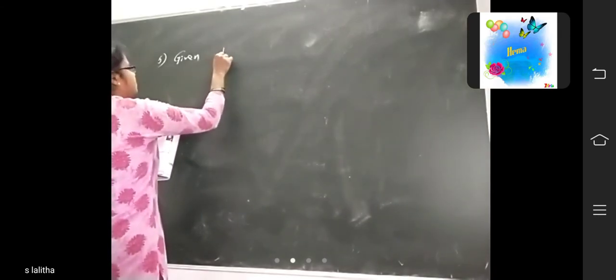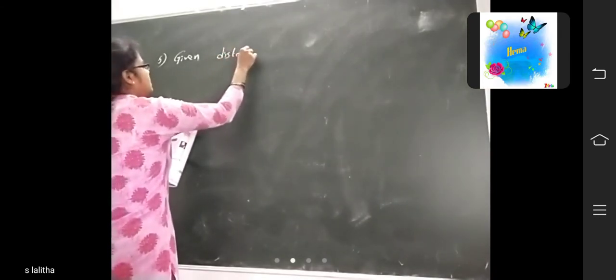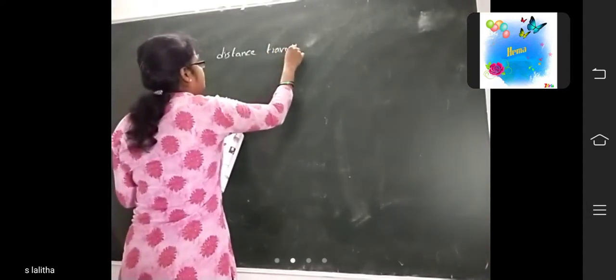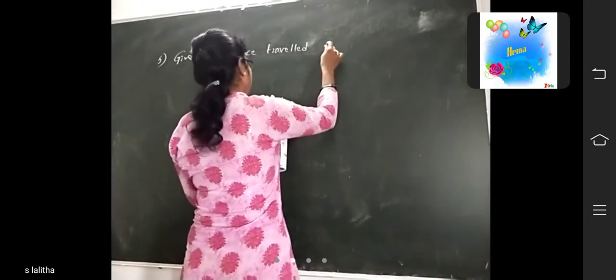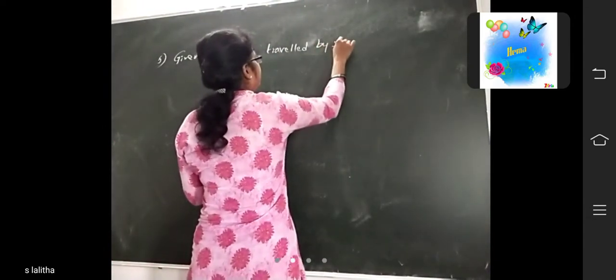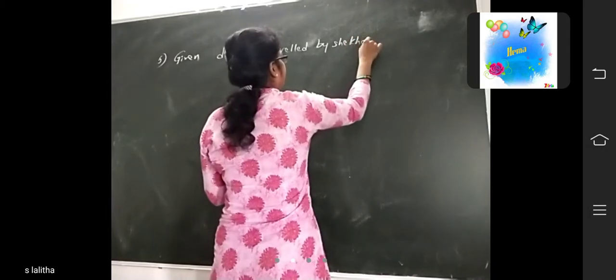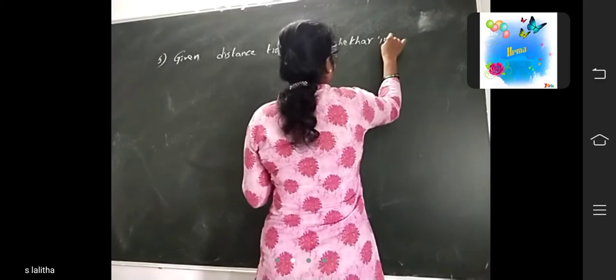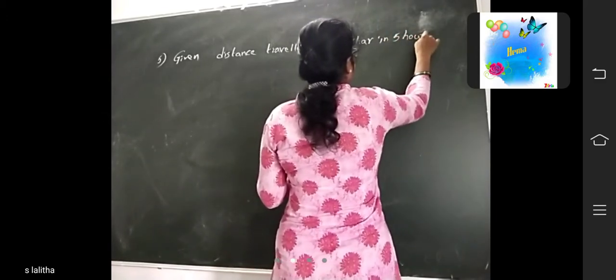Division. Okay. So, what is given? Given: distance traveled by Shekhar in 5 hours.